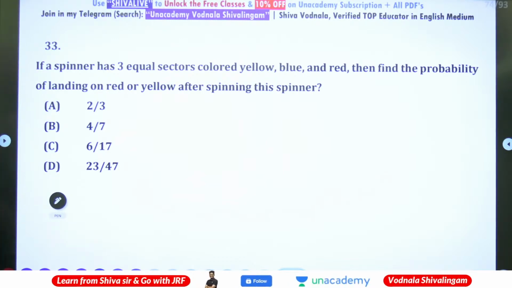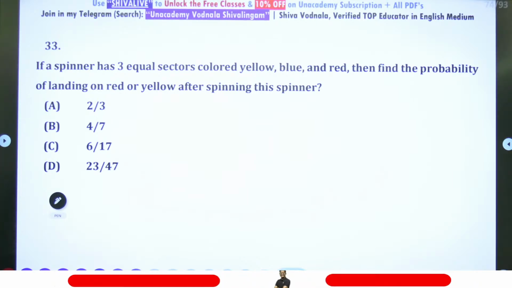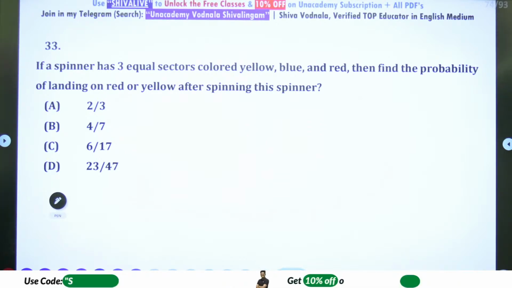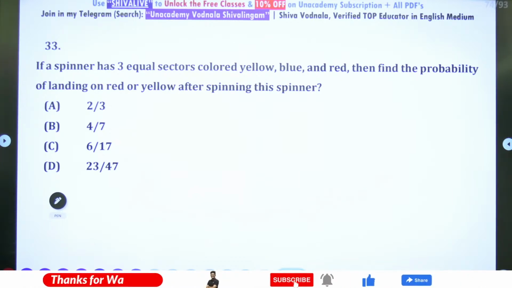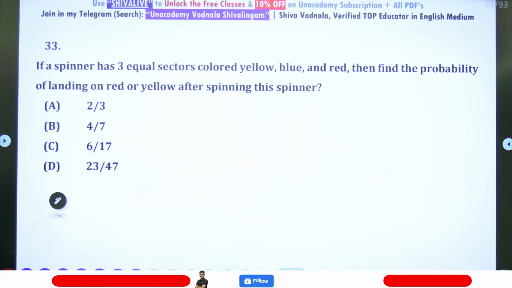So if a spinner has 3 equal sectors colored yellow, blue and red, then find the probability of landing on the red or yellow after spinning the spinner. Out of the authority, power will come.